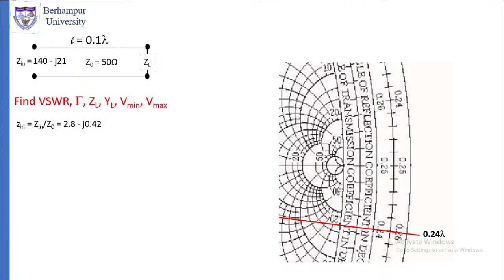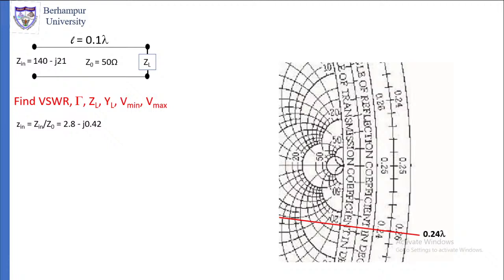For the generator, we have found out the position, the length. We have found out 0.24 lambda is for the generator, because we have extended the line from the center point to ZL and to Zin.